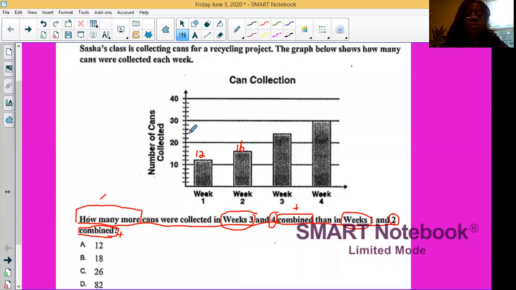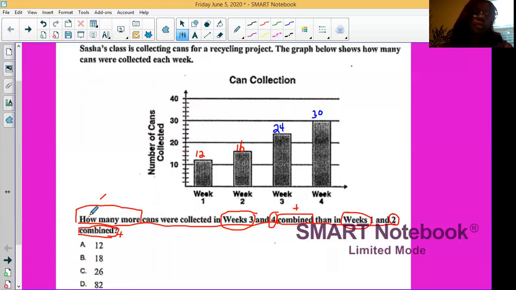And this line goes to about here in that bar. So that's 20, 22, 24. So this one goes to about 24. And then week 4 is right on the line. And it's on the line of 30. Okay. So now that I know how many cans were collected each week, week 1, 12 cans were collected. Week 2, 16 cans were collected. Week 3, 24 cans. Week 4 would be 30 cans.